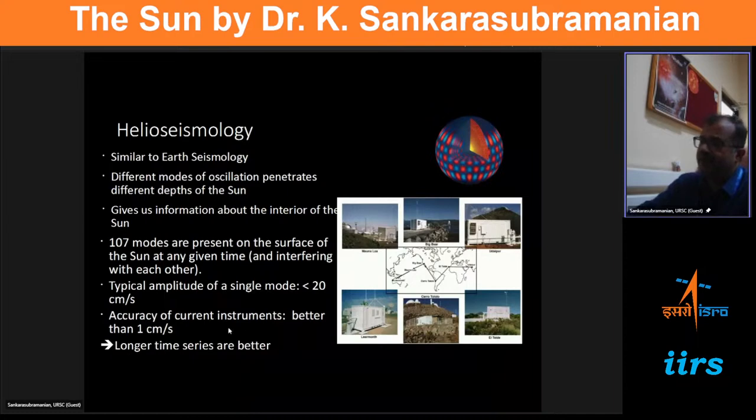Just to give you a glimpse of what is needed, they will be measuring the velocities of the sun, that is, the motion of the sun, up to a level of 1 centimeter per second. That is the visible atmosphere of the sun. If it moves by 1 centimeter per second, these instruments will be able to detect that.